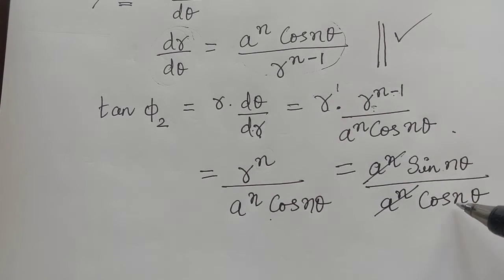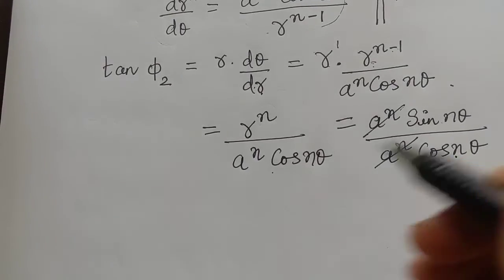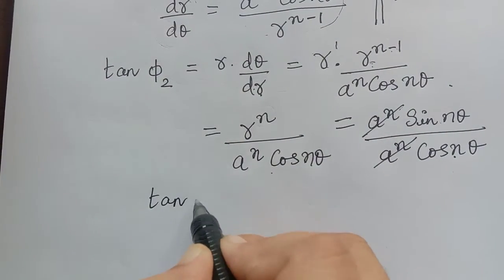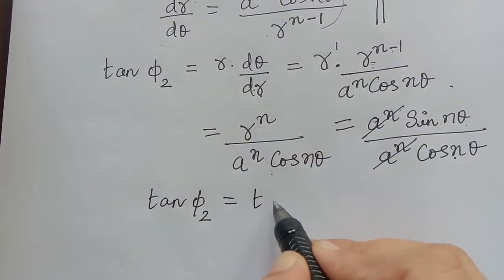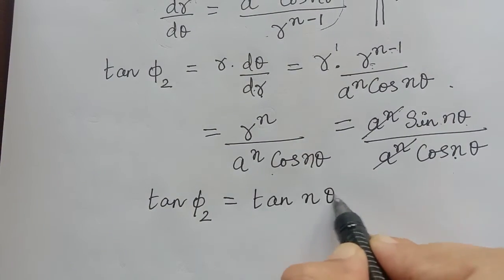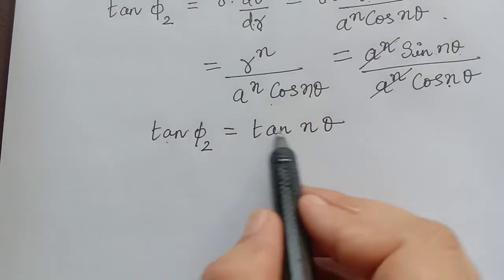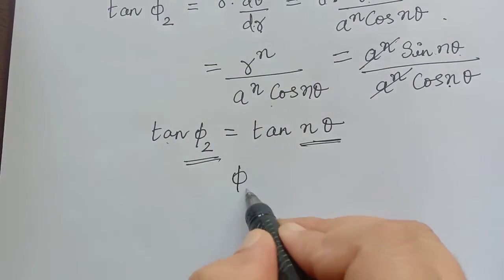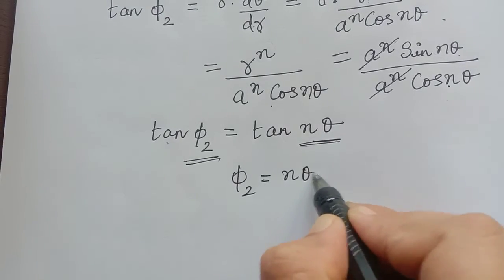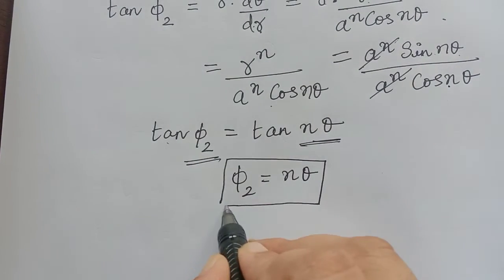What is sin by cos? It is tan. So therefore tan phi 2 will be equal to sin n theta by cos n theta, which is tan n theta, and hence since these two are same, we can equate the angles, that is phi 2 will be equal to n theta. So therefore we have obtained phi 2.